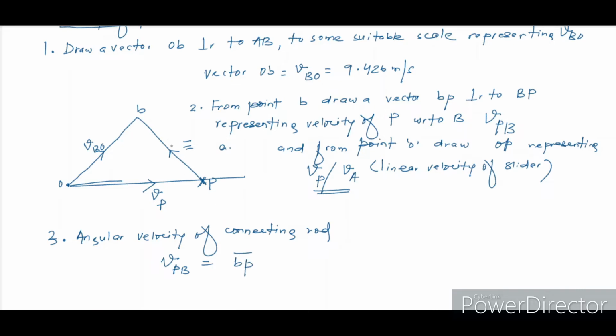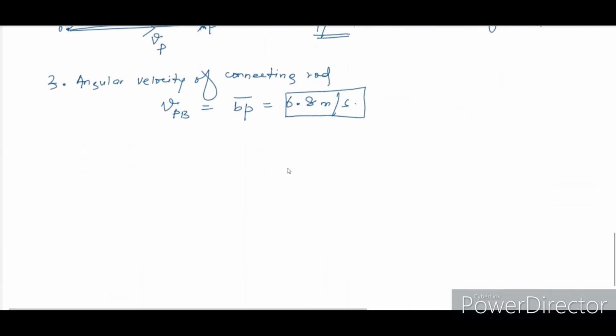Okay, from this vector, you measure it, you will find it is coming approximately 6.8 meter per second. From the diagram you can find out VPB. So once you get this VPB, or omega PB, that is the angular velocity of the connecting rod, obviously, will be VPB divided by PB.